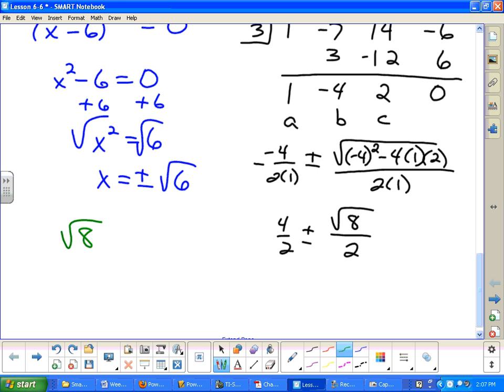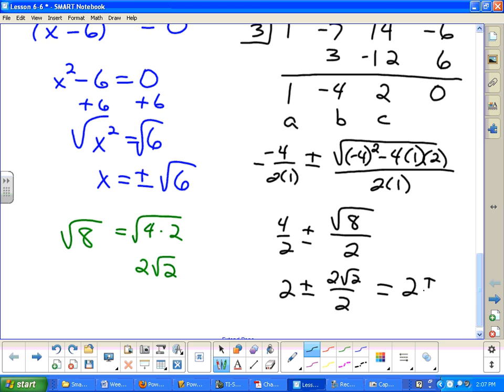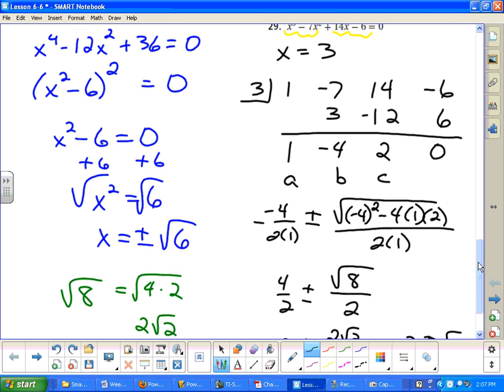So then this would be 2 square roots of 2, because the square root of 4 is 2. So we have 2 plus or minus 2 square roots of 2 over 2, which is 2 plus or minus square root of 2. So I have 3 and 2 plus or minus square root of 2.